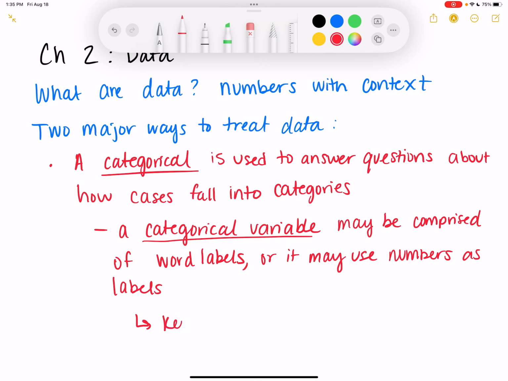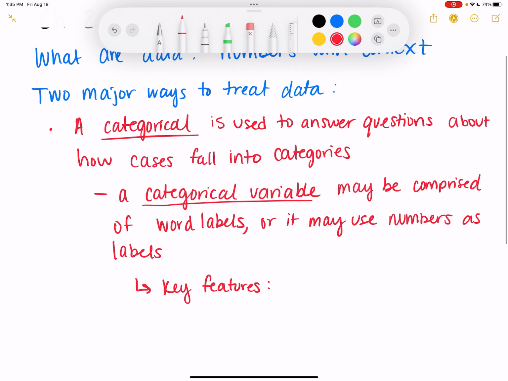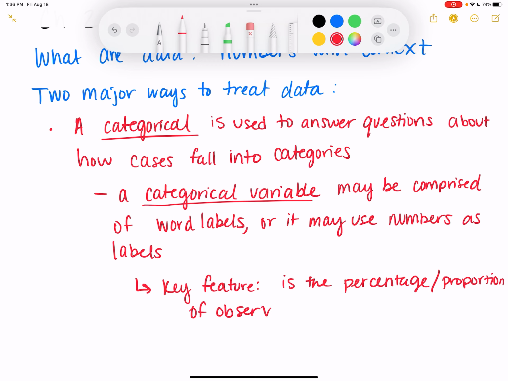The key features, or key feature, I guess, is the percentage or proportion of observations in each of the categories.